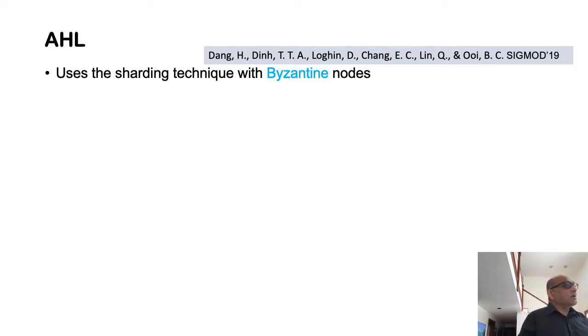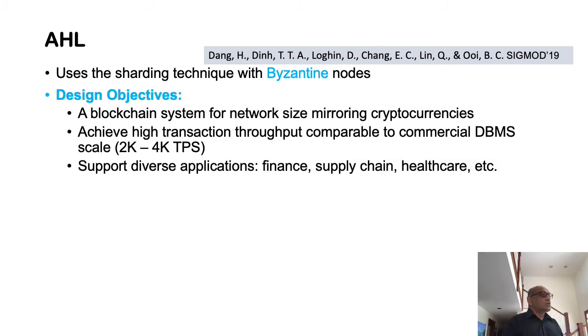Now, in order to understand the solution strategy that this particular protocol uses, we should look at the design objectives that the authors have laid out. So one of the first things they want is to build a permissioned blockchain system for network sizes that mirror the sizes being used in the context of cryptocurrency, for example Bitcoin and Ethereum, right?